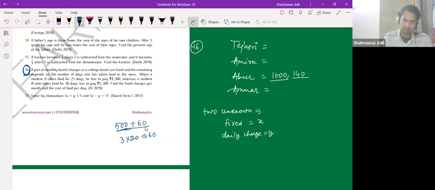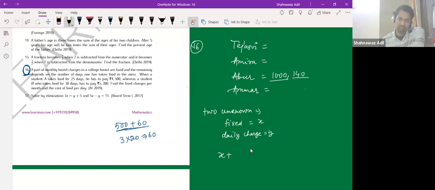So similarly, we have this x amount of fixed charge, and then we are taking the 25 days' food, right? So what would be the equation, Amira? Fixed price is there, right? And then you have taken the food for 25 days.